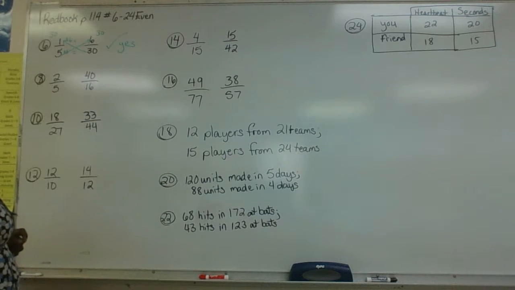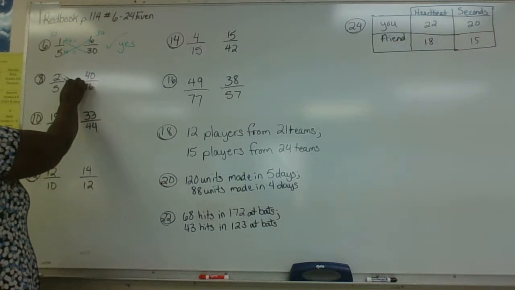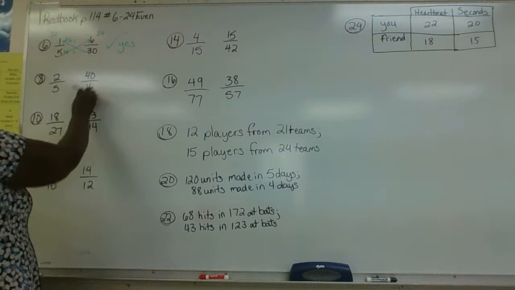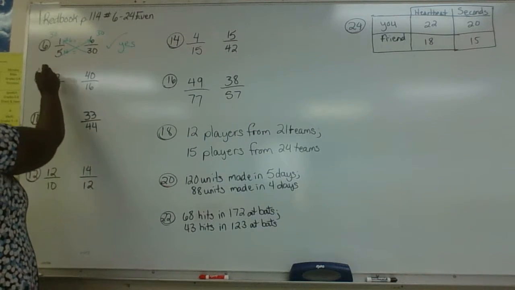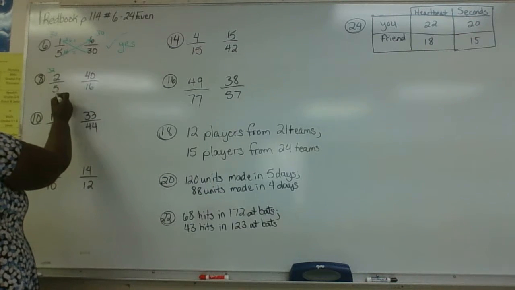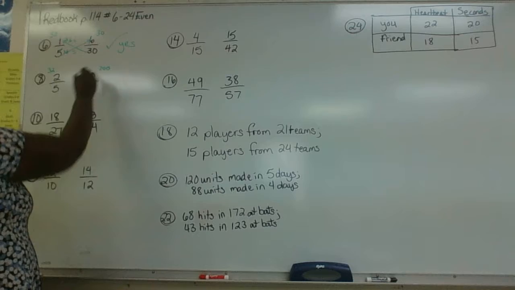Number 8, when we take a look at it, we ask the same question. We can cross product, so that 16 times 2 would be 32. 5 times 40 would be 200.